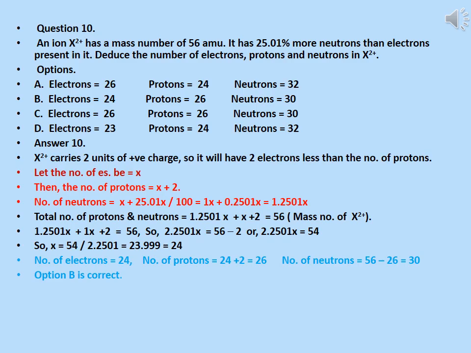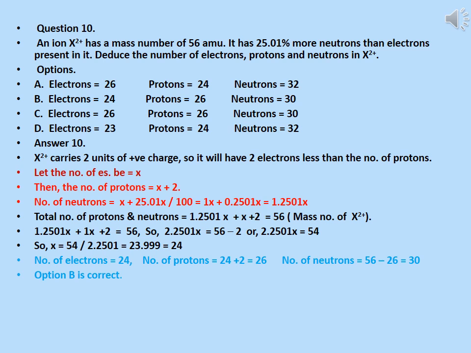On simplifying, we get 2.2501x is equal to 54. Therefore, x is equal to 54 divided by 2.2501, which is 23.999. Within limits of experimental error, it can be taken as 24.